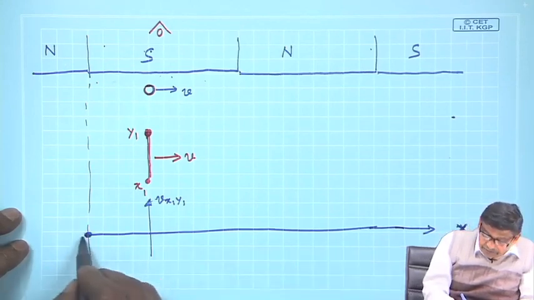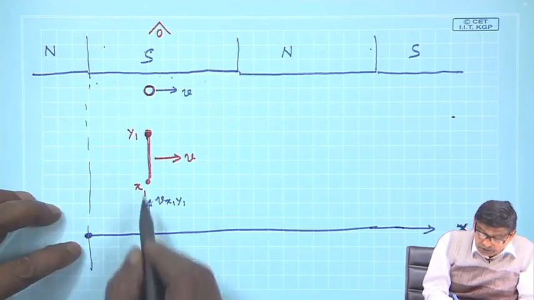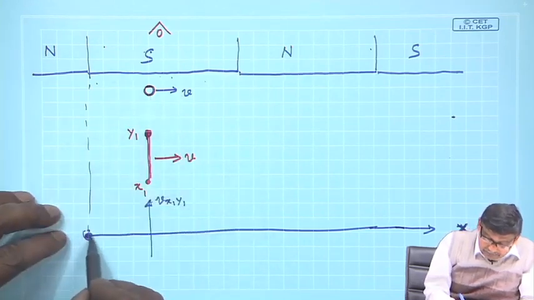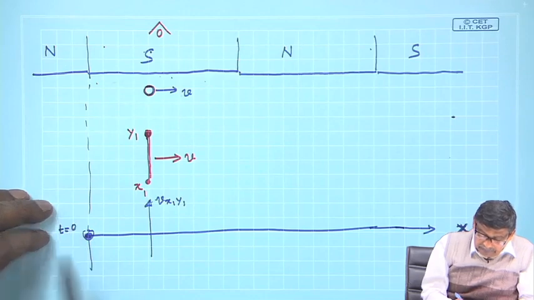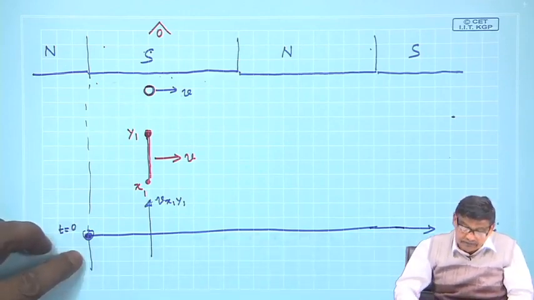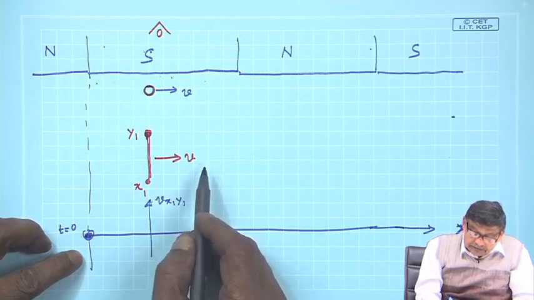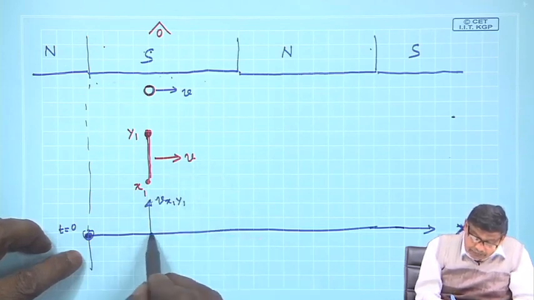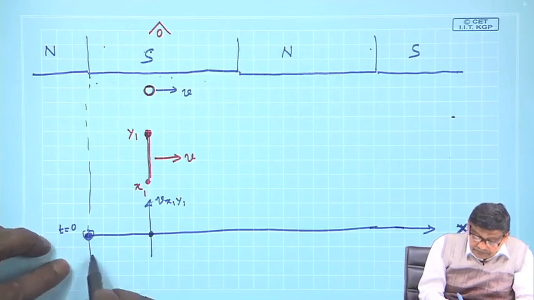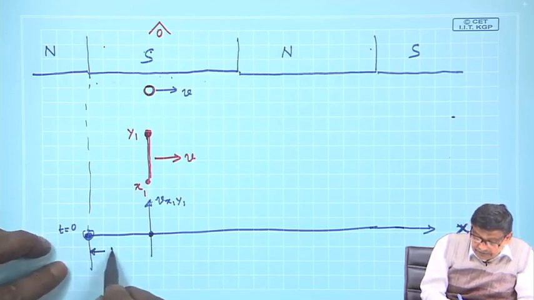Suppose distance is measured from this. So, at t equal to 0 the conductor was here and then it is moving with a constant velocity, and this is suppose any arbitrary position here. So, that this distance is vt.